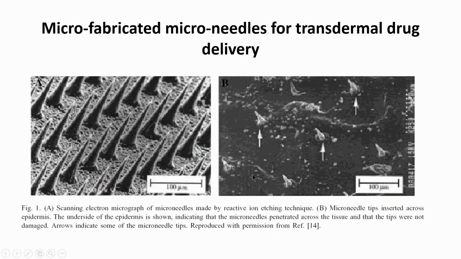Here are some more images. This time we are looking at an SEM micrograph of these microneedles. Here is a side view, and you can see several of these microneedles. If you look at the scale bar, the length of these microneedles is anywhere between 50 to 100 micron.